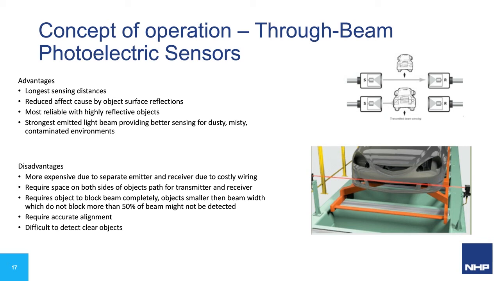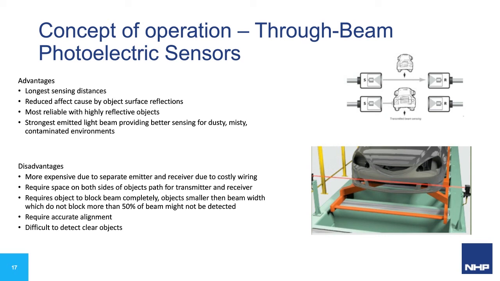Now, the disadvantages of these sensors, however, are they can be more expensive as there's 2 components and they require wiring on both ends on site. They require space for install on both sides of the path of the object or material's movement, and it requires an object to block the beam completely or very close to.